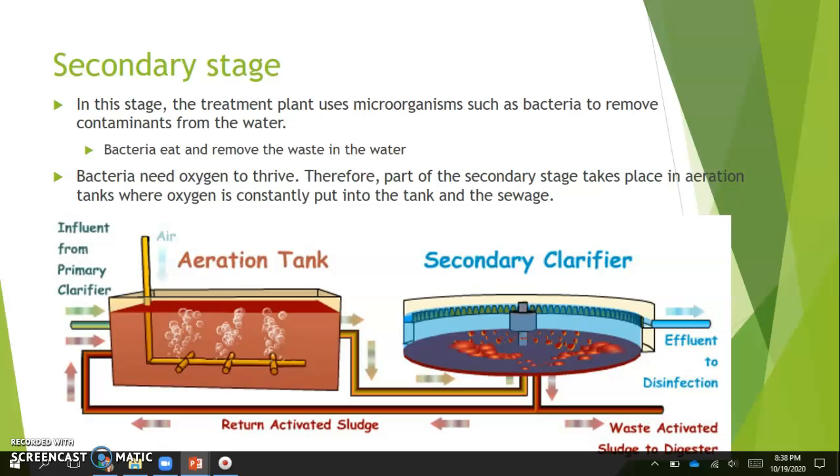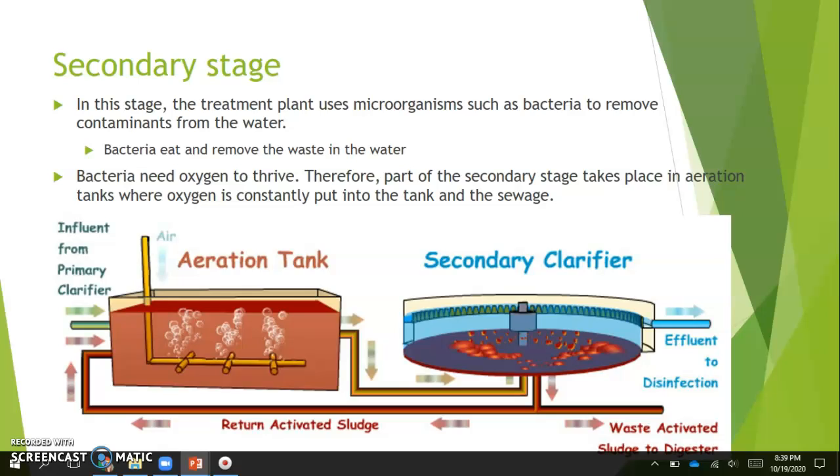Then our secondary stage, we use microorganisms such as bacteria to remove contaminants from the water. These are living organisms used to help us clean our water. These bacteria really like to eat certain wastes that are in the water, so they'll eat them up and remove them. Now, it's very important to understand that the bacteria need oxygen to thrive.